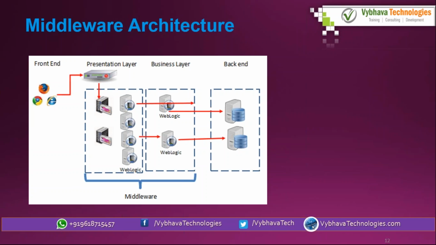Static content, images, whatever you have in the server goes to the browser as it is. That is static content: ICO files, JPG, PNG files, MP3 files, MP4 files. This can be served from the web server; the HTTP server is the web server. Second, the WebLogic server, which runs the servlet engine, does the dynamic content processing.